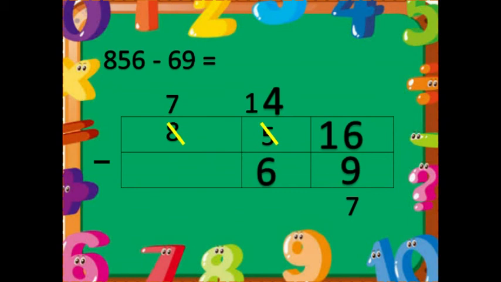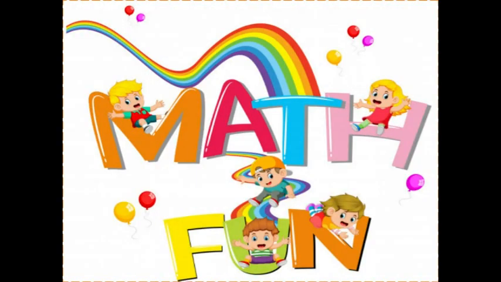So 4 will become 14. 14 minus 6 is equal to 8. And then in hundreds, 7 is the only number in hundreds. That's why we will bring it down. So the answer in 856 minus 69 is 787.